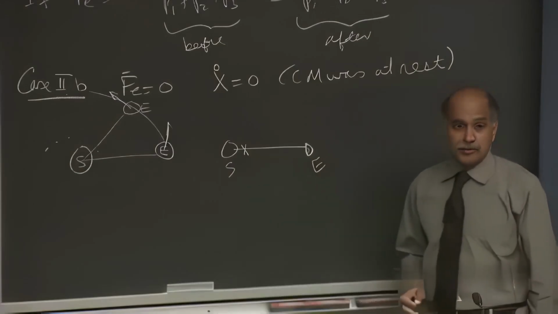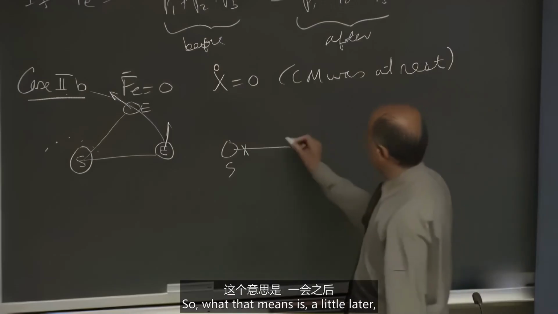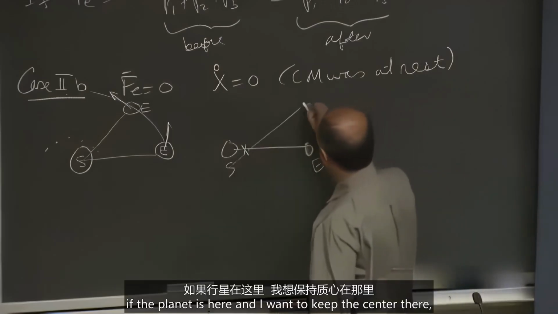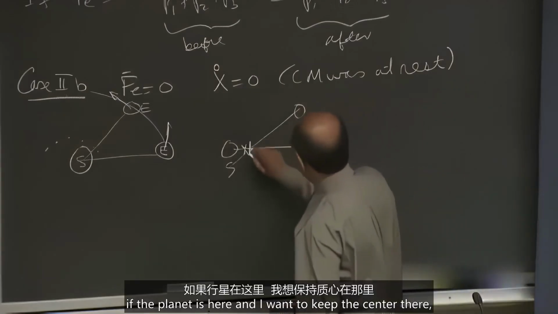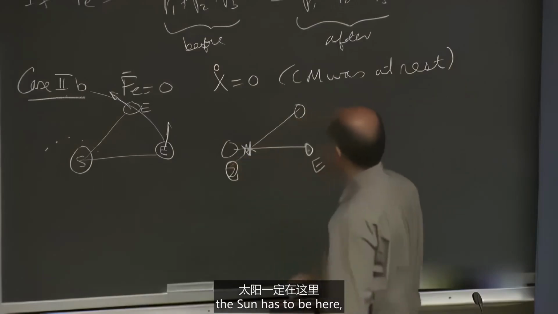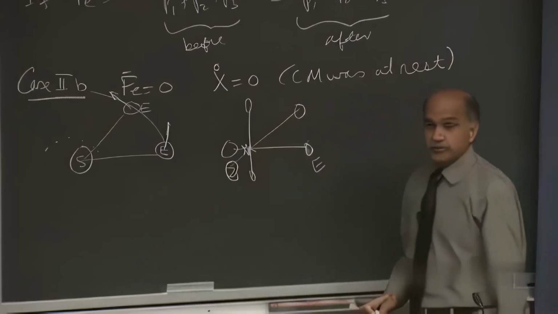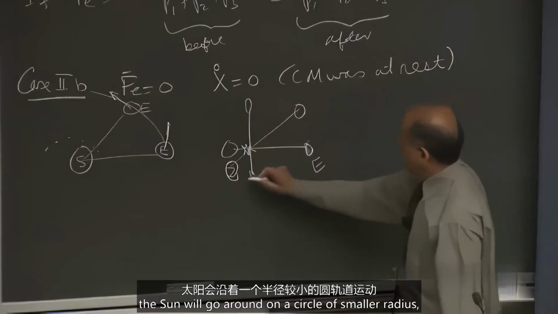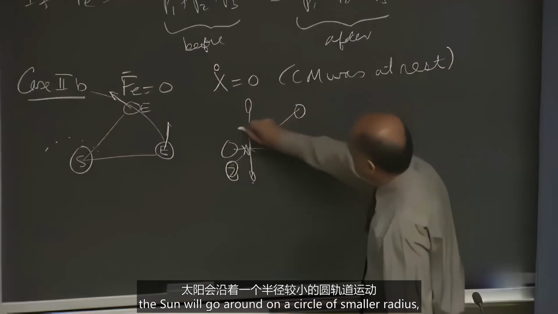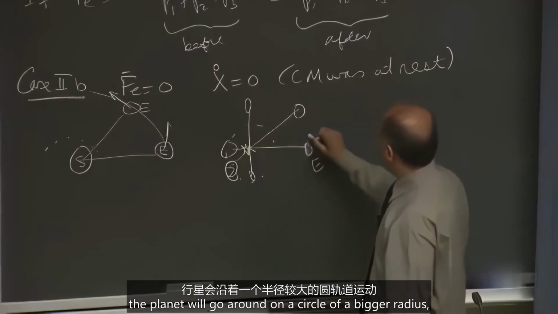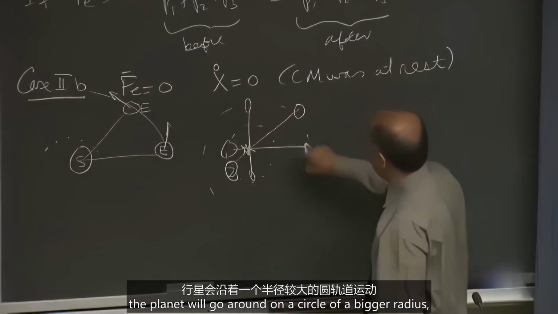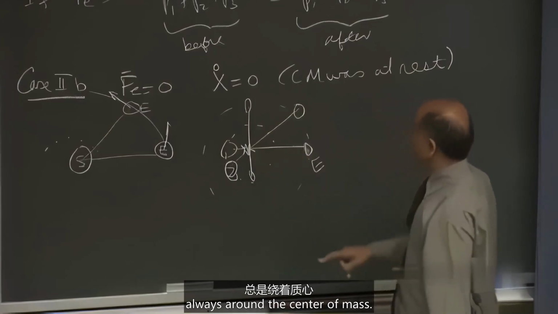That cannot move. So what that means is a little later, if the planet is here, and I want to keep the center there, the sun has to be here. And somewhat later, when the planet's there, the sun has to be here. So what will happen is the sun will go around on a circle of smaller radius. The planet will go around on a circle of a bigger radius, always around the center of mass.